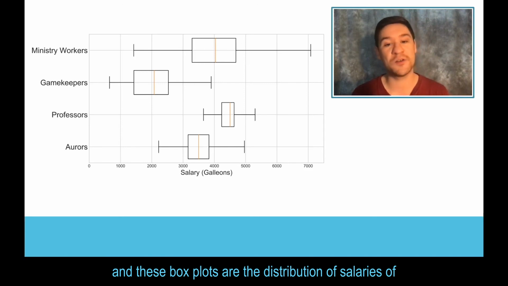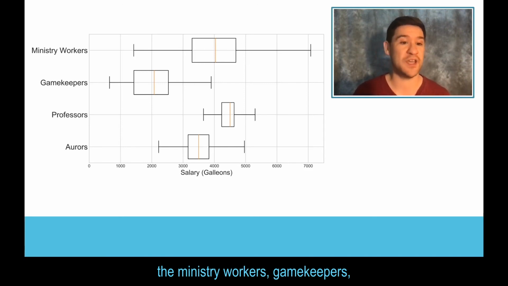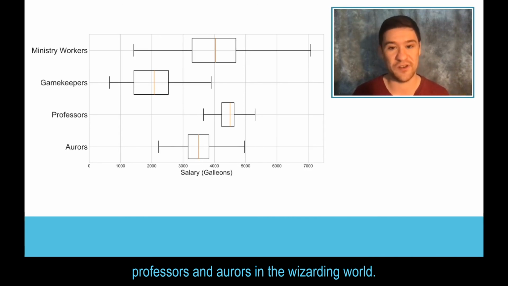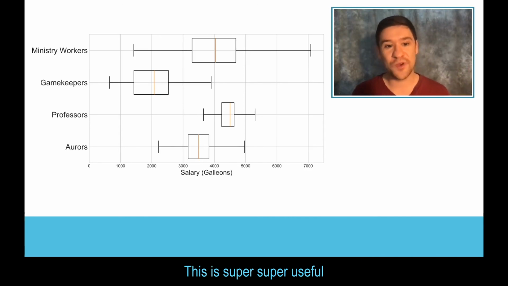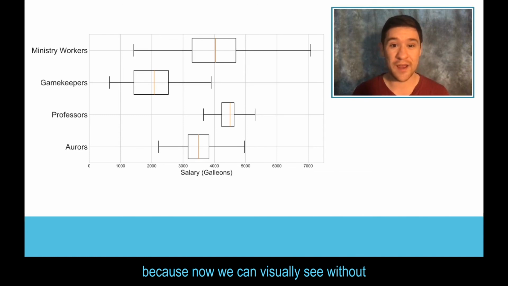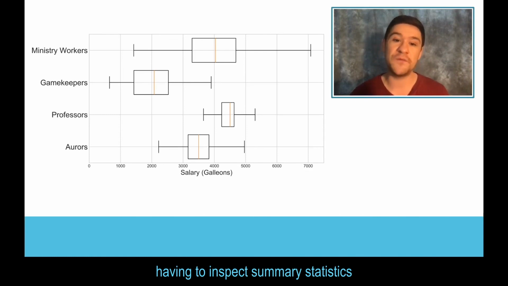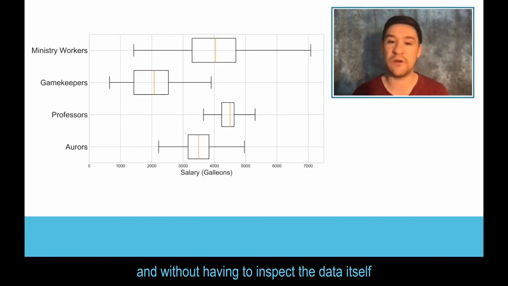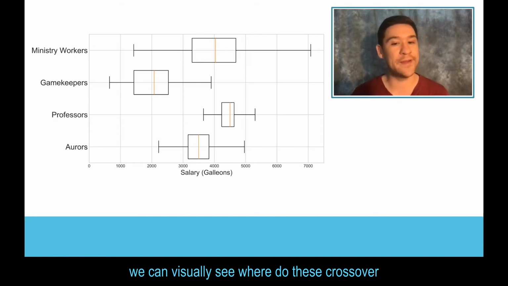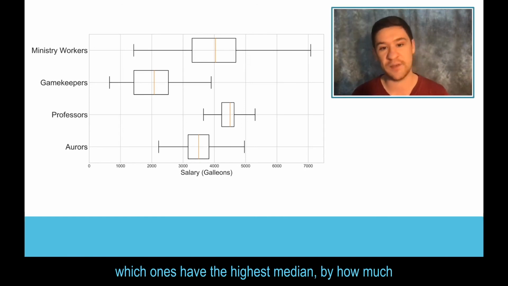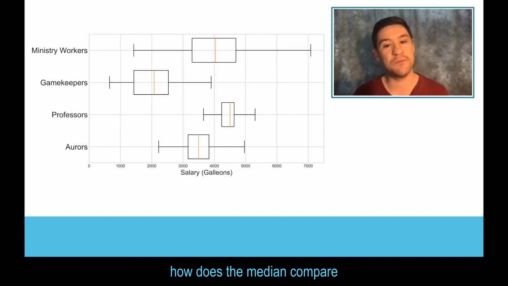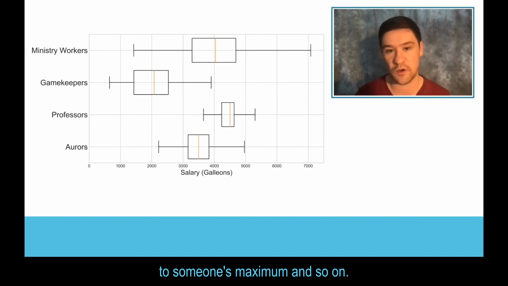And these box plots are the distribution of salaries of the ministry workers, gamekeepers, professors, and aurors in the wizarding world. This is super useful because now we can visually see, without having to inspect summary statistics and without having to inspect the data itself, where these cross over, which ones have the highest median, by how much, how the median compares to someone's maximum, and so on.